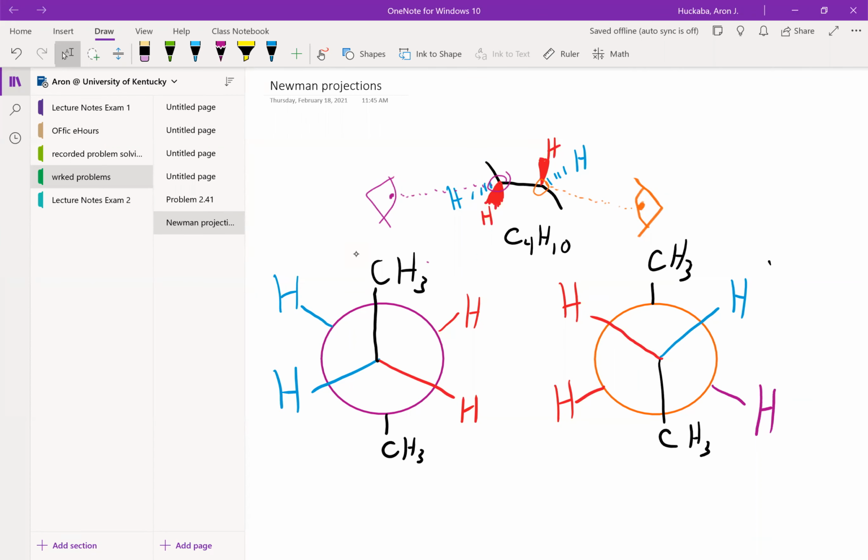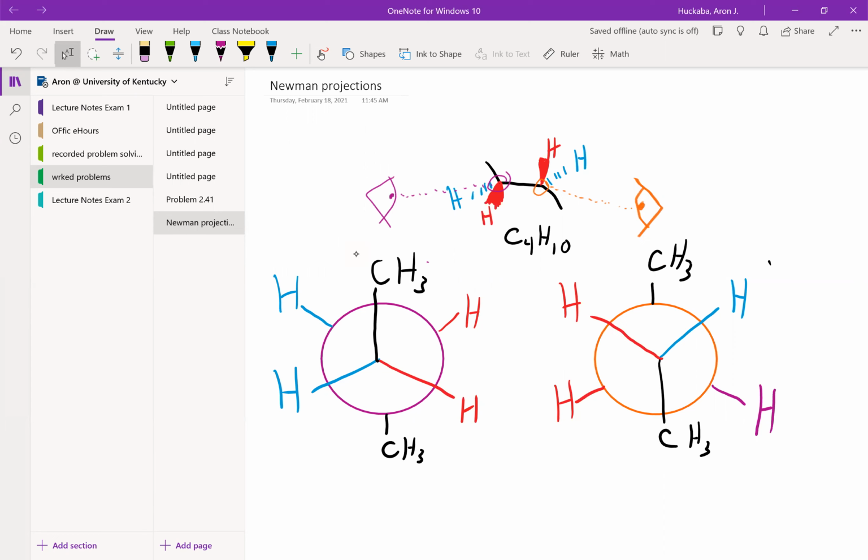There we go. All right, so here now, you can see in our little Newman projection that looking at that carbon, the dashes are both on the same side, the blue protons, right? And the red ones are all on the same side as well.